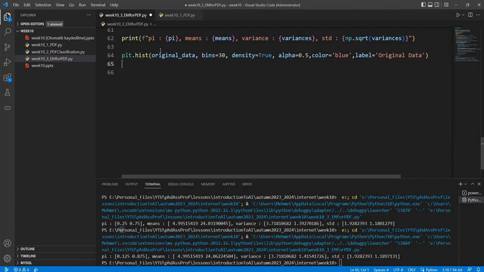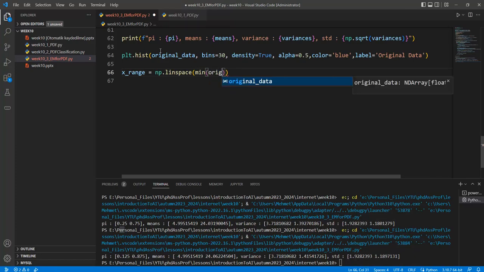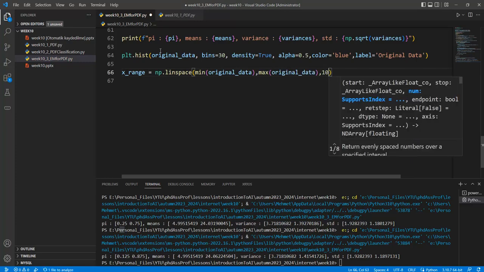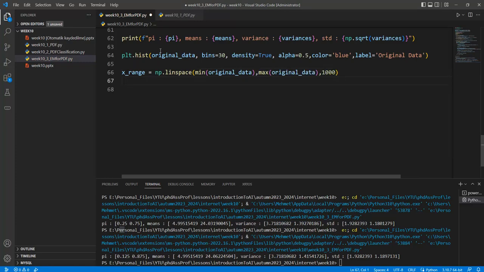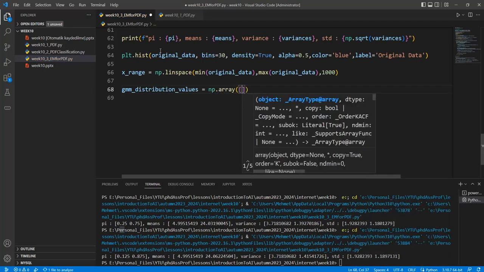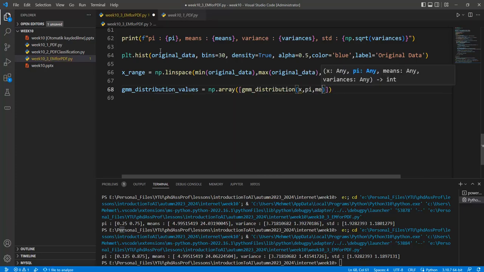Okay, and X range can be defined in here, np.linspace like this one, min original data, max original data, and 1000. Okay, and GMM distribution values can be defined in terms of the np.array like this one. GMM distribution X, pi, means and variance, right?